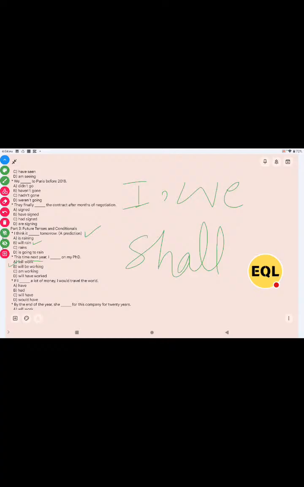Next is this sentence: "If I blank a lot of money, I would travel the world." This sentence has two clauses and it is a conditional sentence. How? Because there is if in the beginning of the sentence.